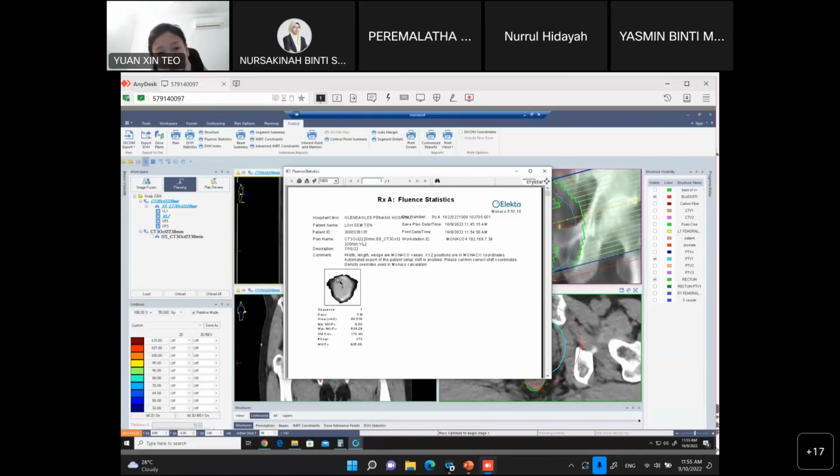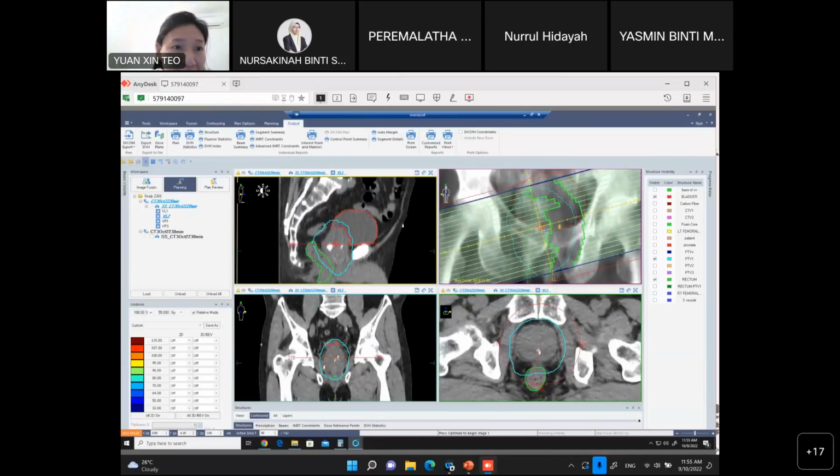So this is the Fluence map for total beam, one beam. Okay, so you can compare this Fluence map with the film where you shoot. Okay, this is the example, the Fluence map. And then what else can I show you here? Segment details I have shown you.